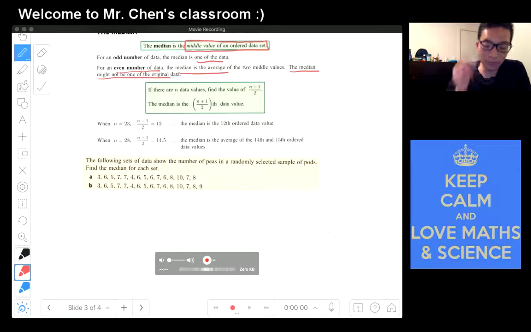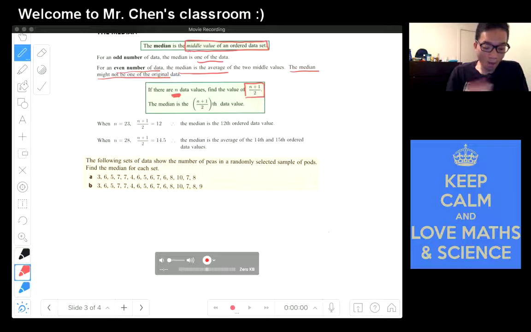There's actually a formula to do it. You just need to know how many data there are, and then you do n plus 1, which means you add 1 to the total number of data, and then you divide it by 2, and from there you count to that number.